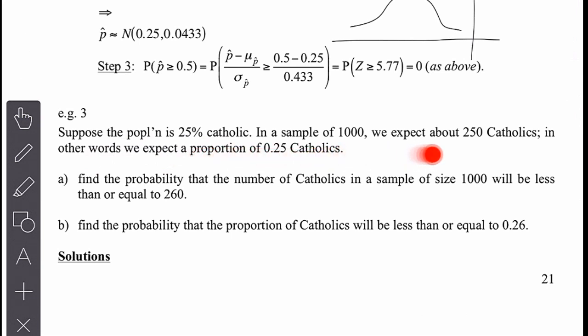In a sample of 1,000, we expect about 250 Catholics. In other words, we expect a proportion of the population is 25% Catholic. Okay, so that's the true proportion is 0.25 if the variable is Catholic.